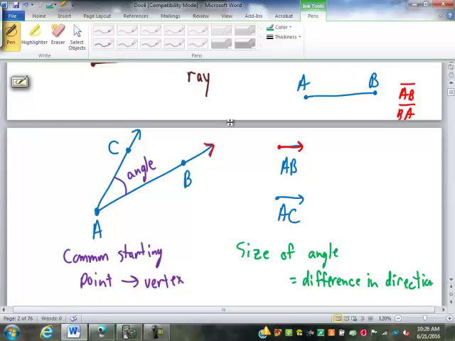So let's say a ray AB here is at 23 degrees. And ray AC is at 54 degrees. The angle that they form here is the difference between that. 54 minus 23 is 31 degrees. So this would be referred to as a 31-degree angle, the difference in the directions.